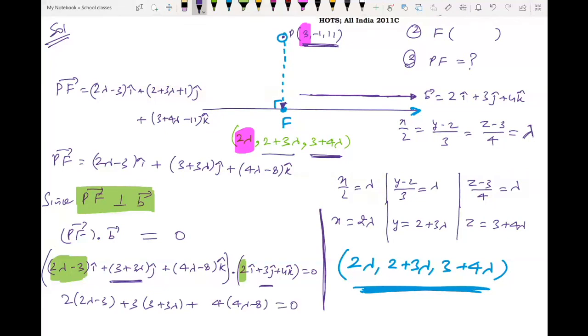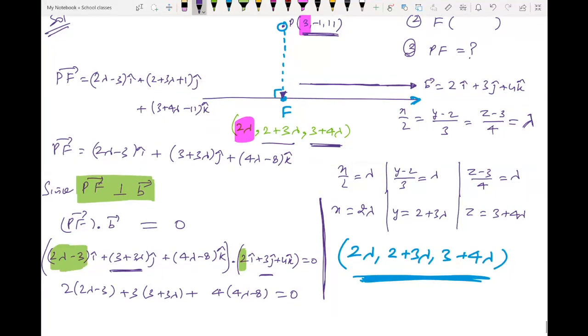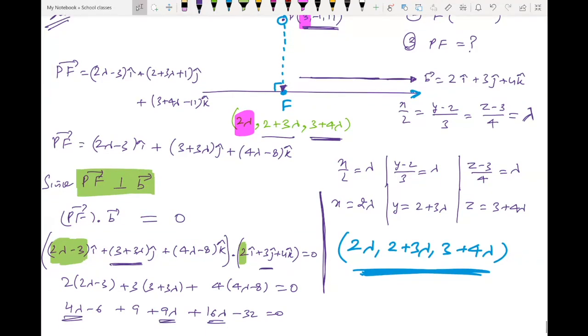You can find the value of lambda here. This will be nothing but 4 lambda minus 6, plus 9 plus 9 lambda, plus 16 lambda minus 32, equals 0. See, this is 4 lambda, 9 lambda, 16 lambda. Total will be 29 lambda.